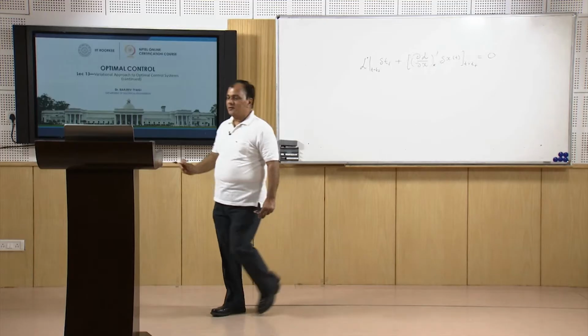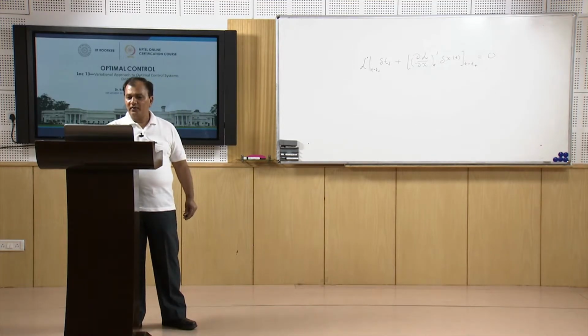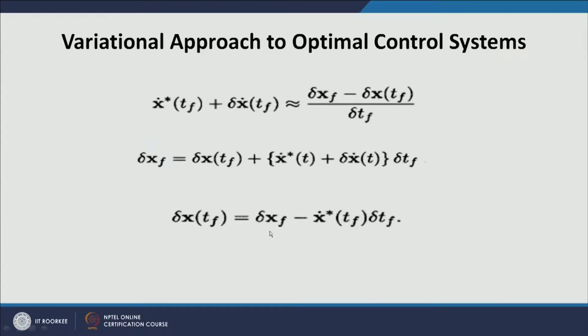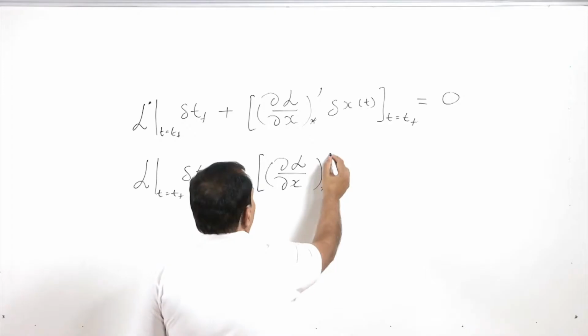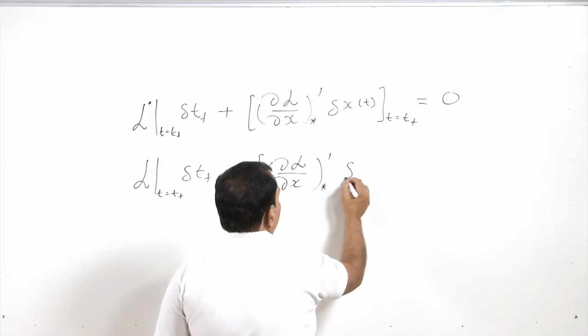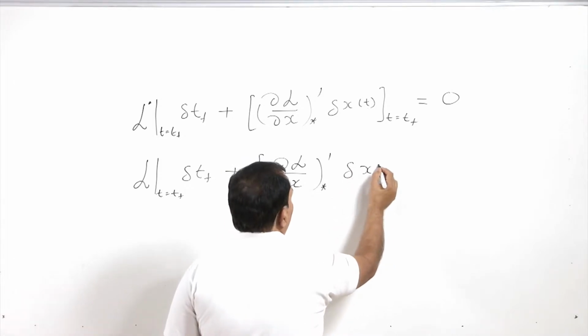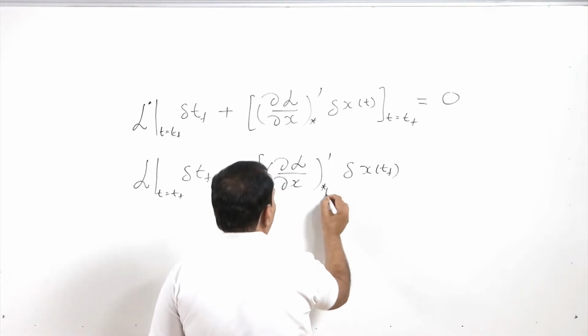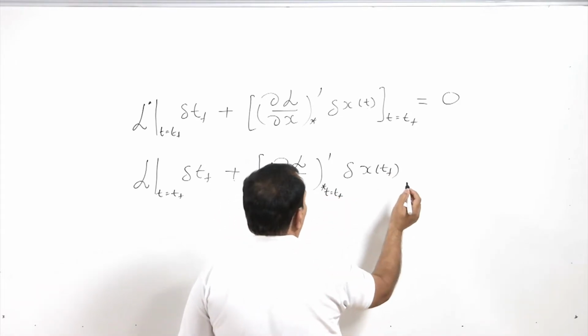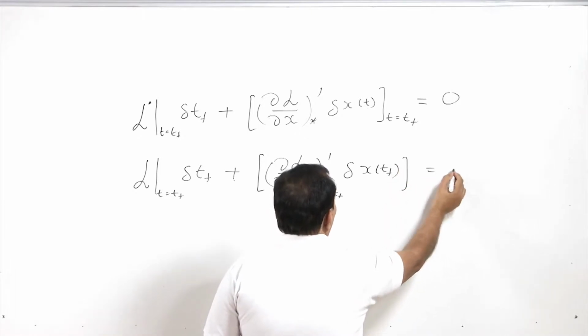So, in this condition I will place delta x of Tf as delta xf minus x dot of Tf delta Tf. So, I take L of Tf point delta Tf plus del L by del x prime and delta x of Tf, and this is also at t equal to Tf point. So, this is equal to 0.